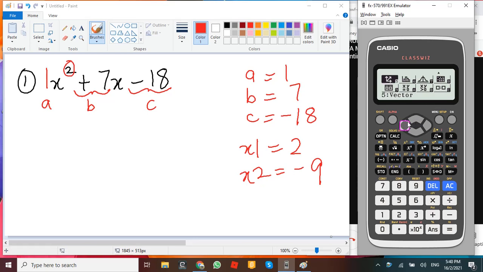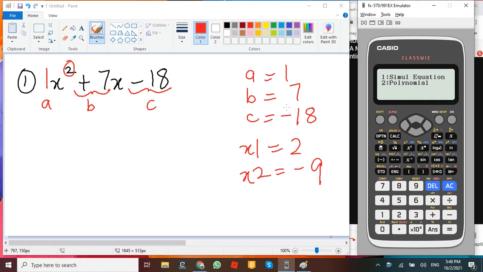If you go up, first you will see calculate, complex, base N, matrix, vector, statistic, distribution, spreadsheet, table, equation. We want this one, equation function. So we press equal. Now we have number one simultaneous equation. Number two is polynomial. This is a quadratic expression.